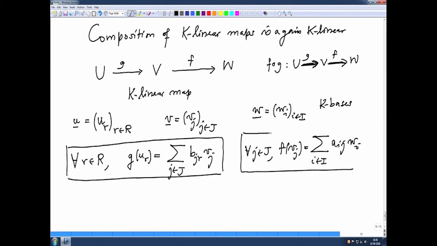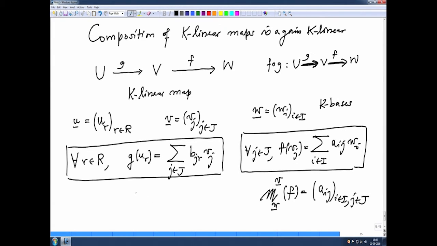These equations will give you the matrix of F. This will give you a matrix from basis V to basis W for F. This is the Aij matrix, i in I, j in J. And this will give you a matrix M from the basis U to V for G. This is by definition B_jr.